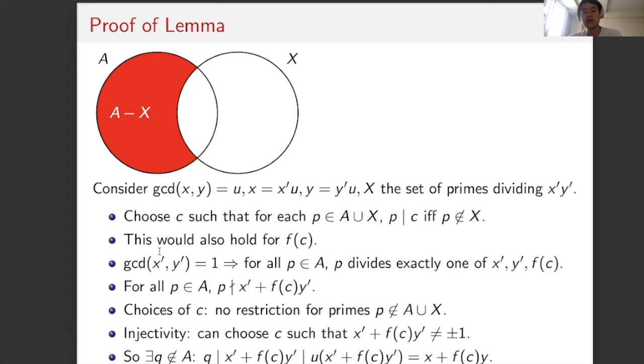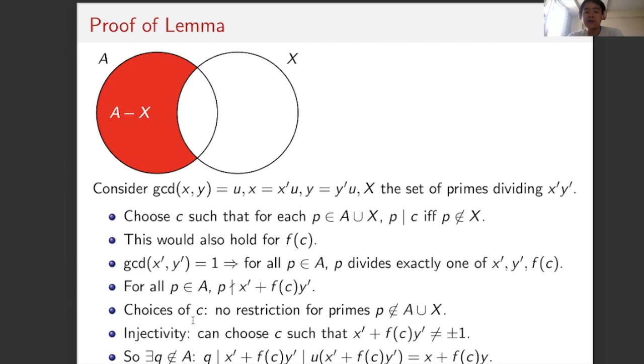So all we need to do is to choose C such that x prime plus f(C) times y prime is not plus or minus 1. And why can we do that? Well, all we need is 3 choices of C, which we have infinitely many of. So 3 choices is pretty simple.